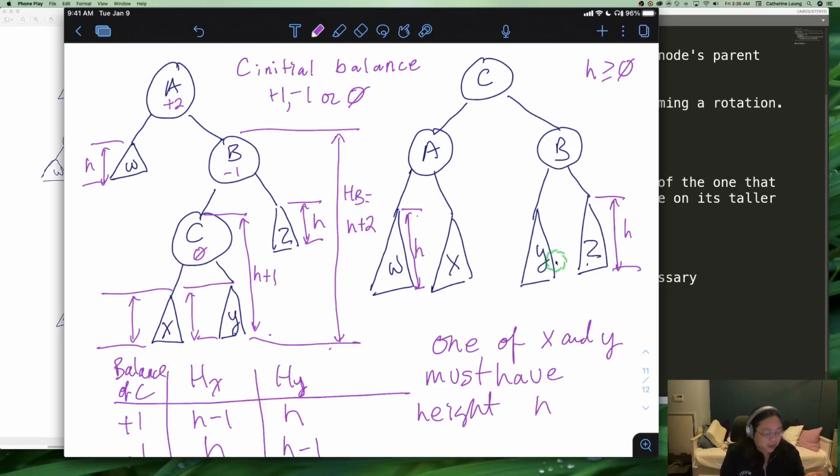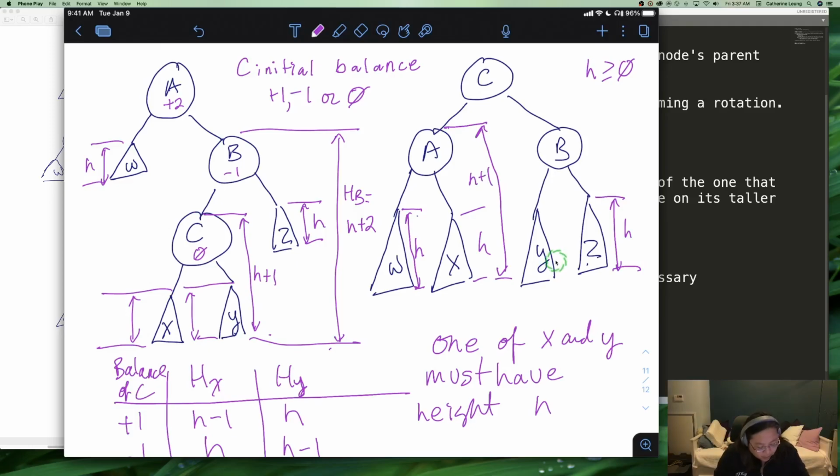It can't be anything else. So either it is the same height as W, and therefore they both hold up the A tree. In other words, A is going to have a height of h plus 1.